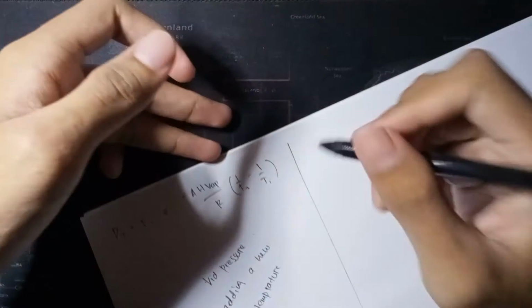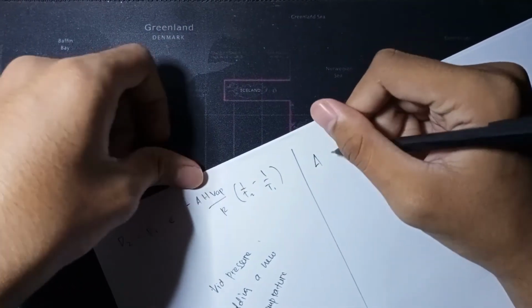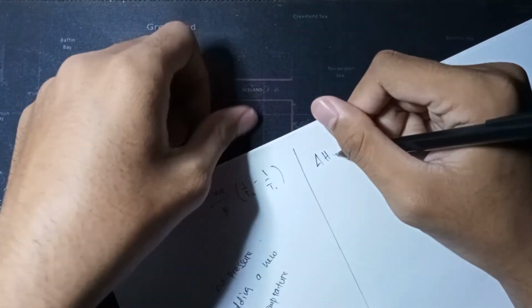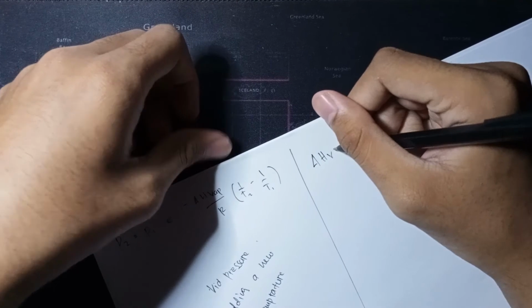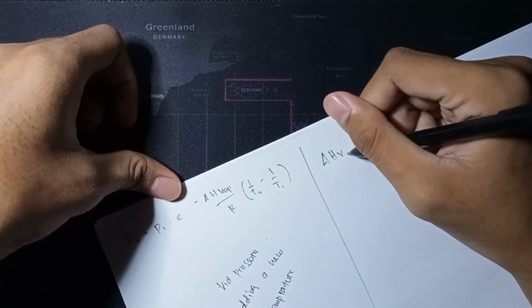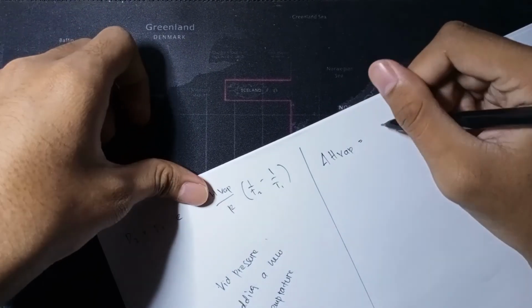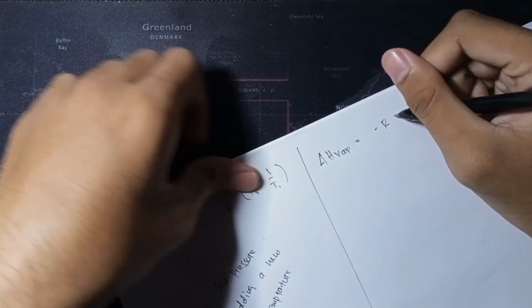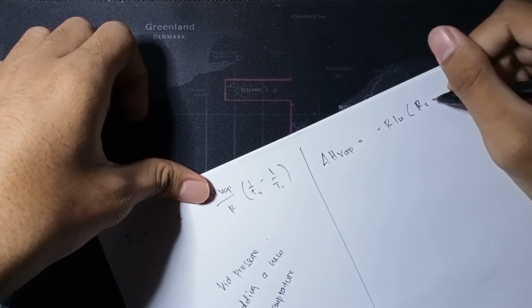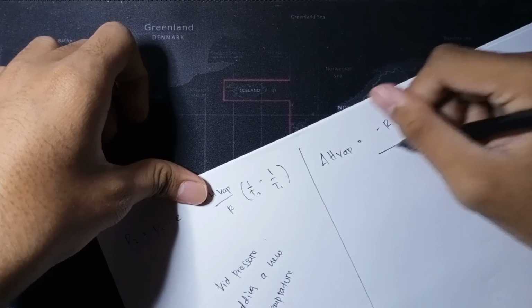When that comes up, this is the formula that you will want to use: ΔH of vaporization equals R, all divided by.